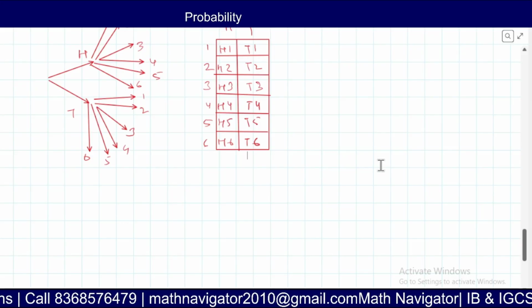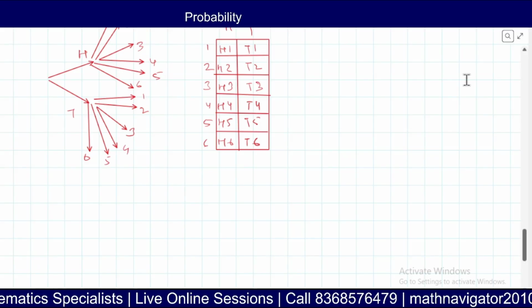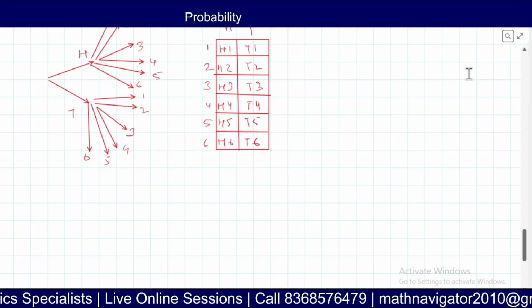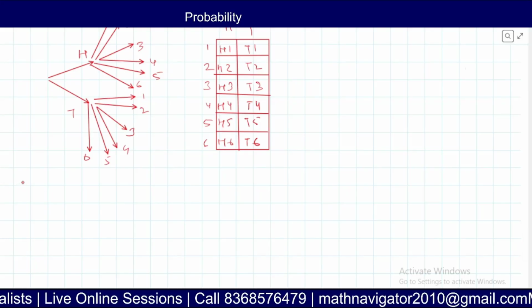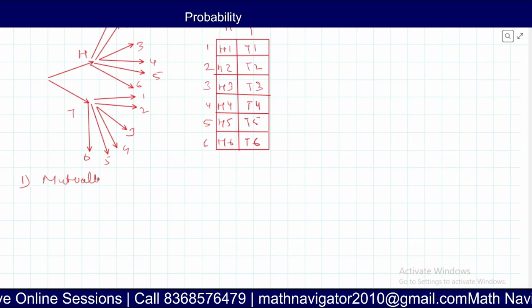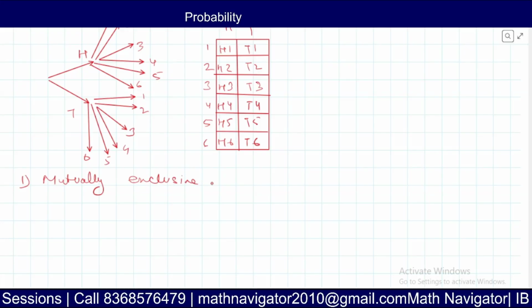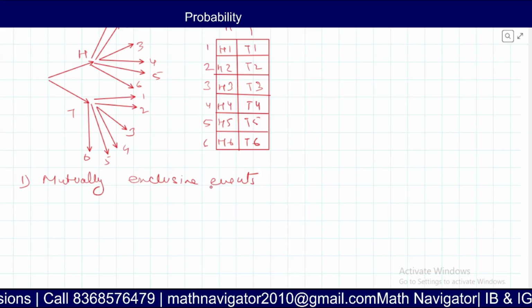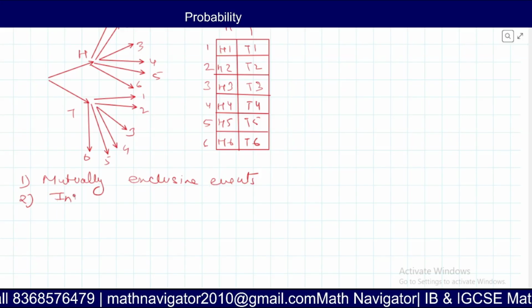And there are certain important terms which we need to understand, right? So we have already understood what are combined events. Then we talk about certain important terms. Number one, mutually exclusive events. Then we have independent events.